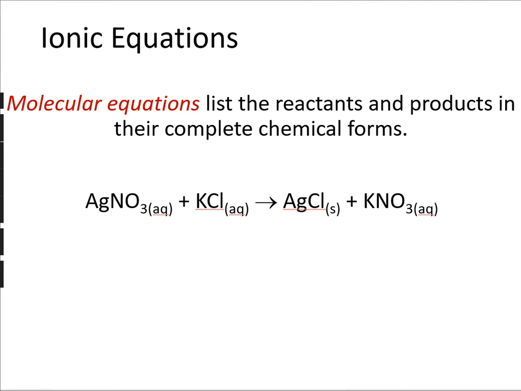Some call it a complete equation or just a chemical equation, but that shows the chemical formula as well as the physical state for all reactants and products present in that reaction. So silver nitrate in the aqueous form combining with potassium chloride in the aqueous form will react to form solid silver chloride and aqueous potassium nitrate.